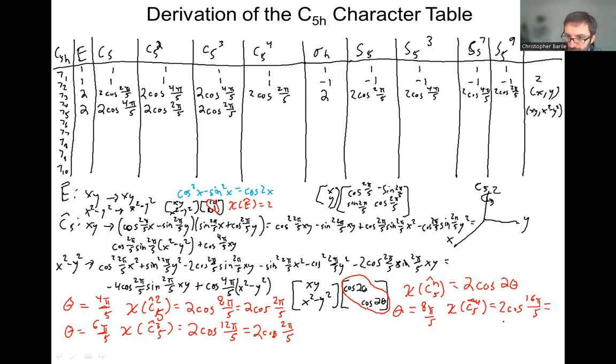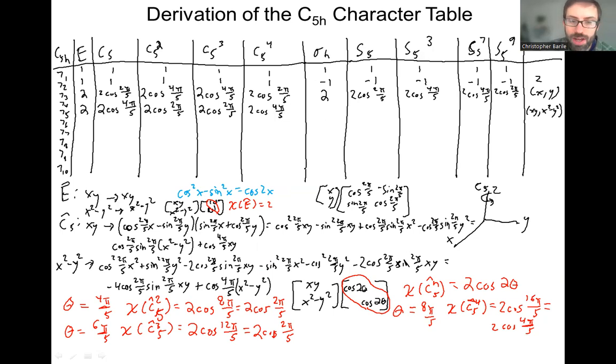That ends up equaling, cosine 16 pi over 5 is the same thing as cosine 4 pi over 5, because we went basically 4 pi over 5 more from something that was equivalent to 2 pi over 5, so that went to something like 6 pi over 5, which anyway ends up being equivalent to 2 cosine 4 pi over 5. So that's our character.